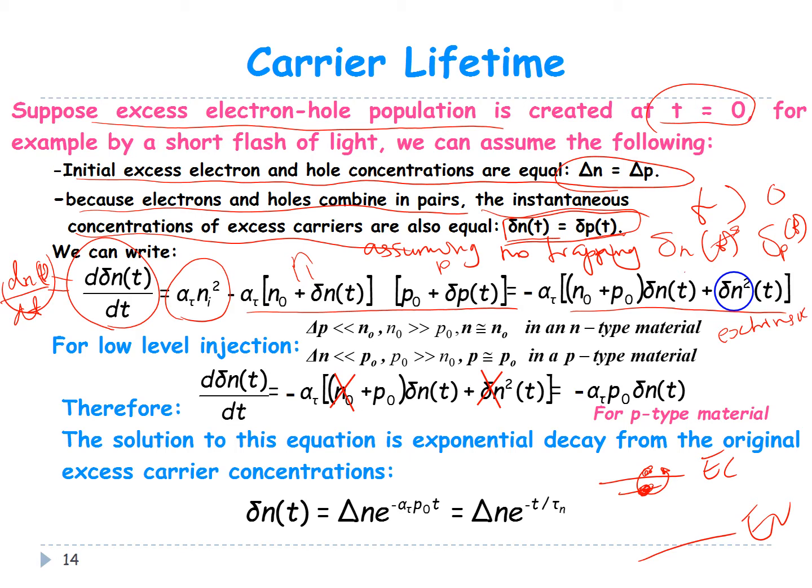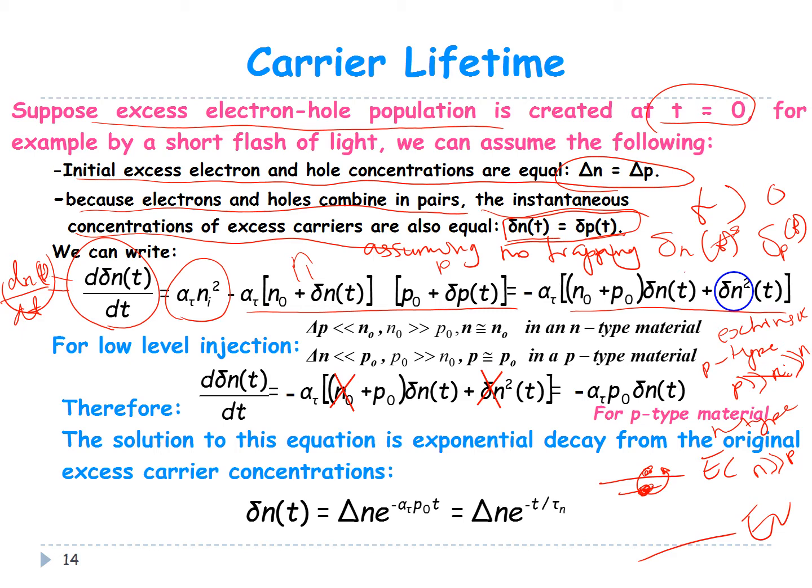So when the material is extrinsic, it means that for a p-type material, p is going to be much larger than ni and much larger than n for an extrinsic material. And for an n-type material, it's going to be vice versa. So n is going to be much larger than p for an extrinsic material.